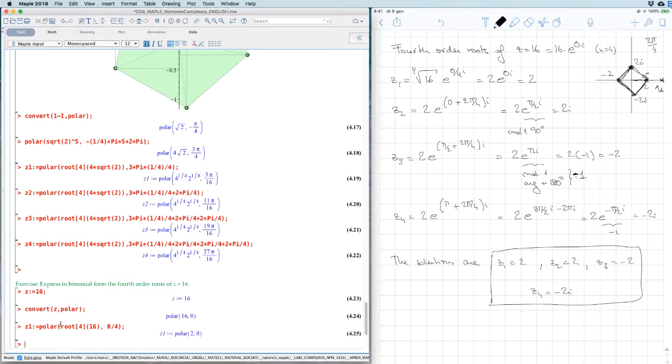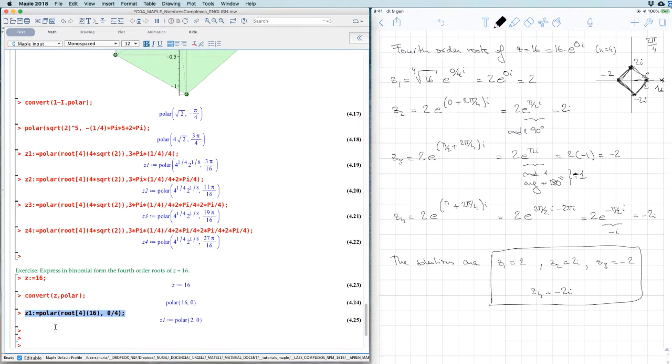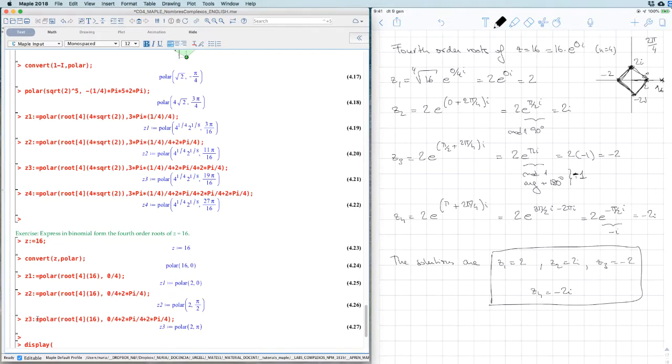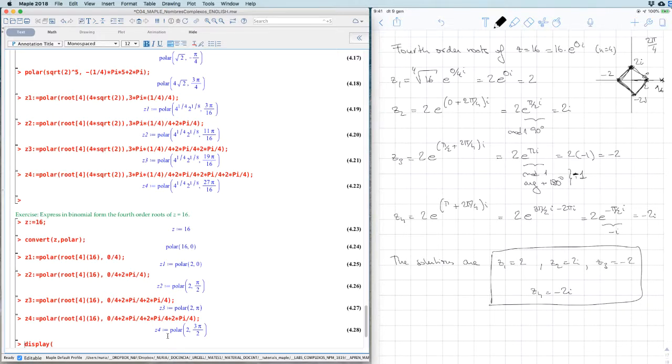This is the first root. The second root is the first one plus 2 pi over 4, which is going to be this one. Next one is going to be the previous one, and I add again 2 pi over 4, so it's pi. And the fourth one is going to be, I add again this one, which is 3 pi over 2.